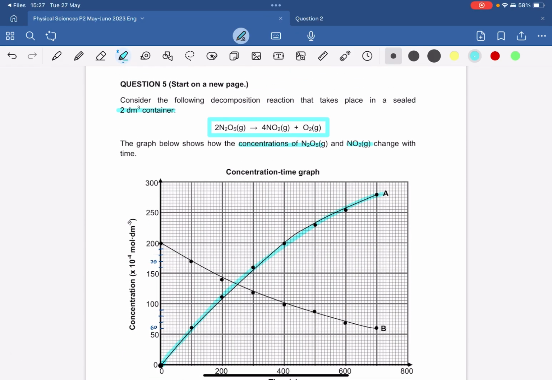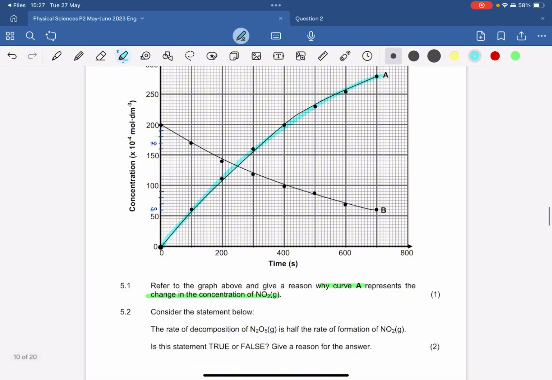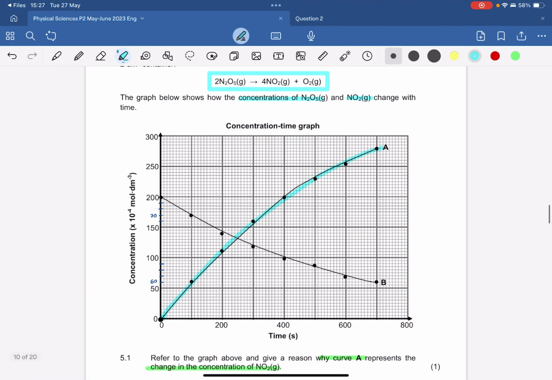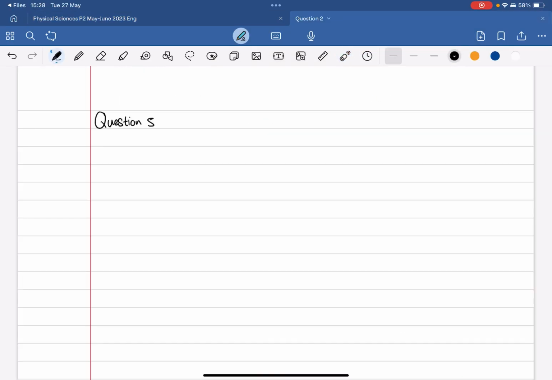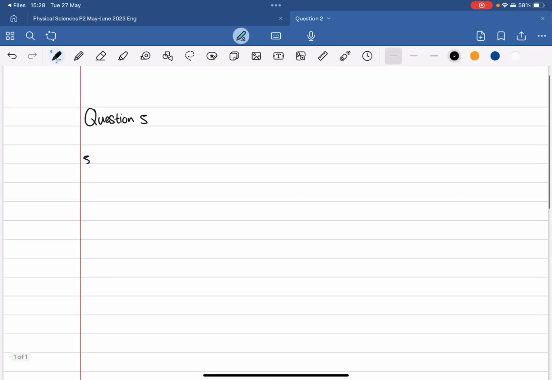It starts at 0 initially, at time 0, we've got no products, and then over time it slowly starts to increase, which is exactly what is happening here. So we could say the reason is because curve A starts at 0.